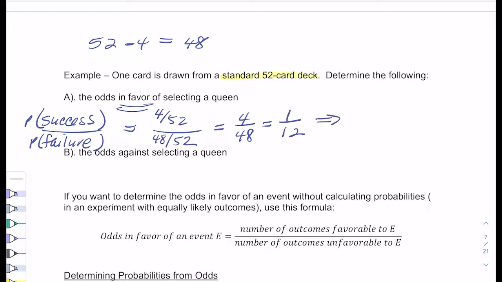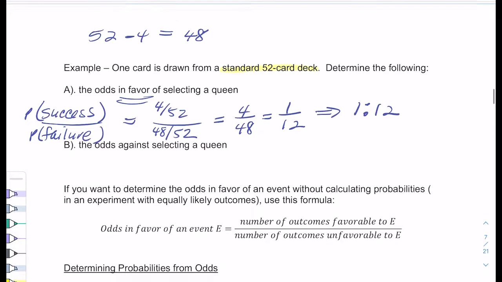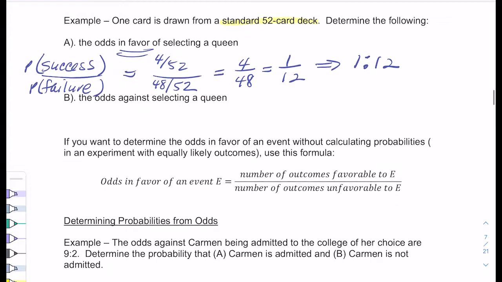And remember, we write that as 1 colon 12. So the odds are not good. What about the odds against selecting a queen? If you'll remember, that's just taking the fraction and now flipping it. So without doing any work, it's just 12 to 1.